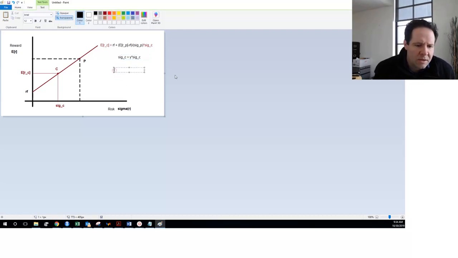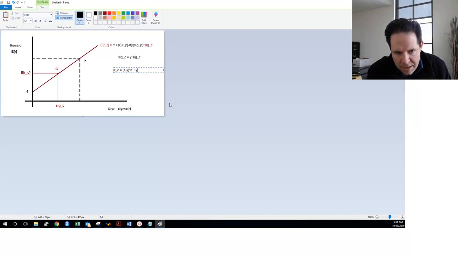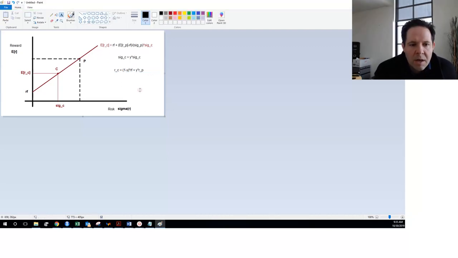Well, what are the returns for this portfolio? It's going to be the fraction of wealth we put into risk-free times the risk-free asset's return plus the fraction of wealth we put into risky times the risky asset's return. And this is a linear combination.